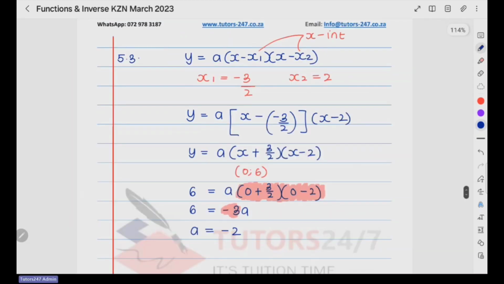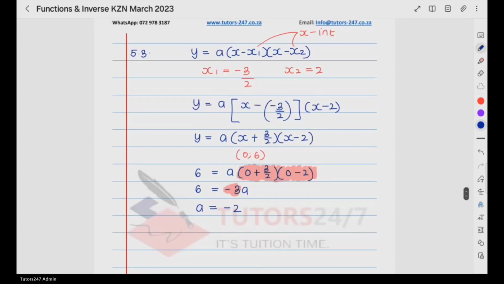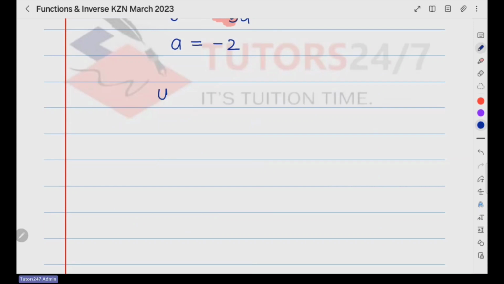Now that we found the value of a, we can substitute a, x1, and x2 back into the original function and simplify it, and that will give us our standard form. Once we've obtained our standard form, we can use our turning point calculations or turning point formula to find the value of y. So we have y equals a into x minus x1, x minus x2.